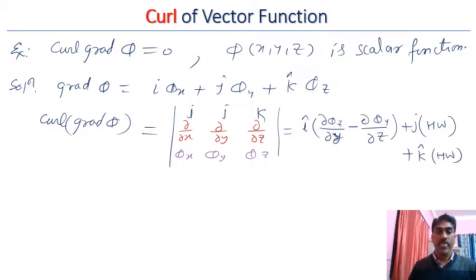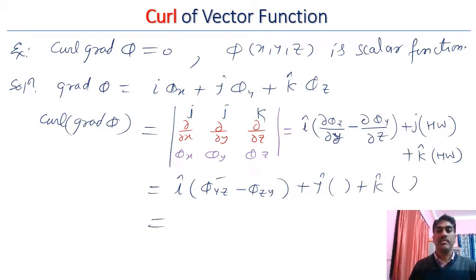So now you can see that the i component becomes phi_zy minus phi_yz, and because we assume that phi(x, y, z) is a continuous function, this plus j times some component and k times some component, and phi_yz is equal to phi_zy.